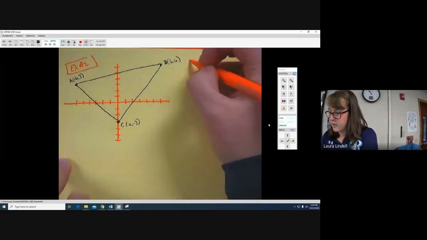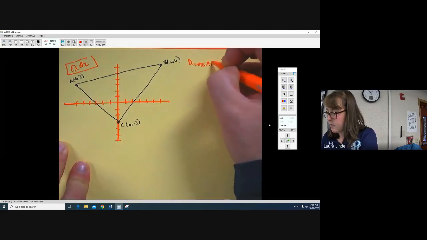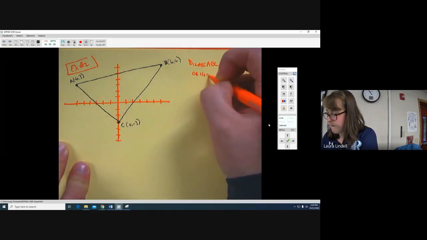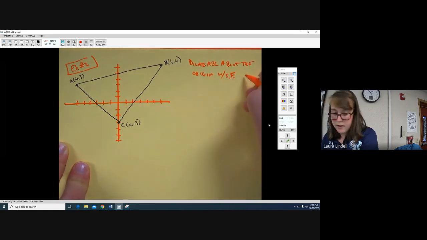Here's our instructions. Dilate ABC about the origin with scale factor of negative 1/3.